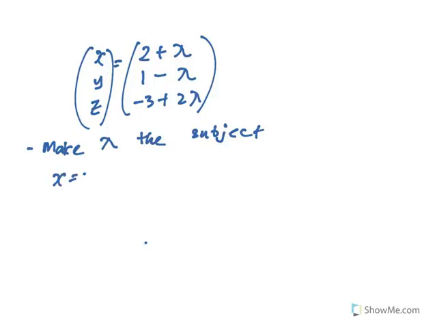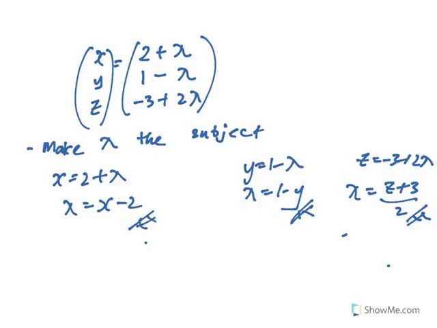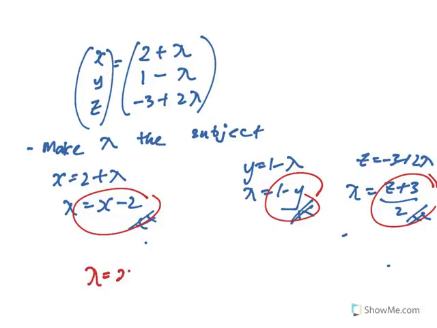x equals 2 plus lambda, so lambda equals x minus 2. y equals 1 minus lambda, so lambda equals 1 minus y. z equals negative 3 plus 2 lambda, so lambda equals z plus 3 over 2. Very quickly, you can get all the answers. And you know that lambda equals all three of them. So lambda is just equal to x minus 2 equals 1 minus y equals z plus 3 over 2.